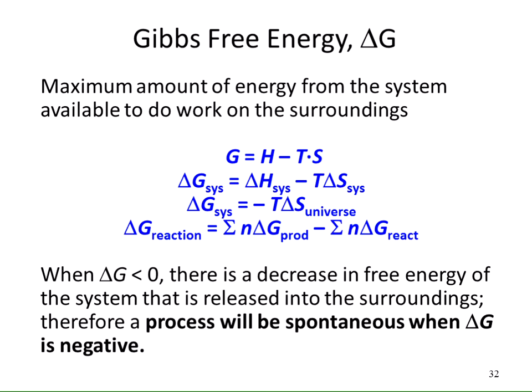When delta G is less than 0, there is a decrease in free energy of the system that is released into the surroundings. Therefore, a process will be spontaneous when delta G is negative. So when delta G is negative, the process is spontaneous because there's a decrease in free energy of the system, and that is released into the surroundings.